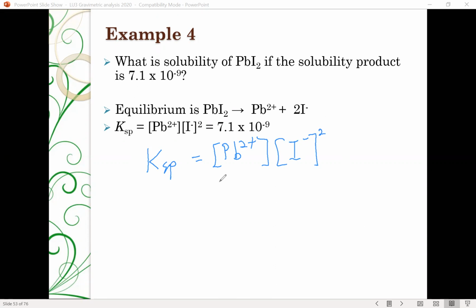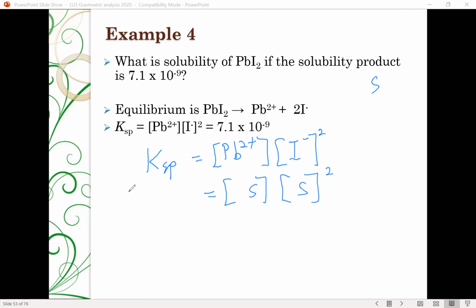If we represent each of the molar solubility by S, this would be S and this would be I. Sorry, this would be S squared.